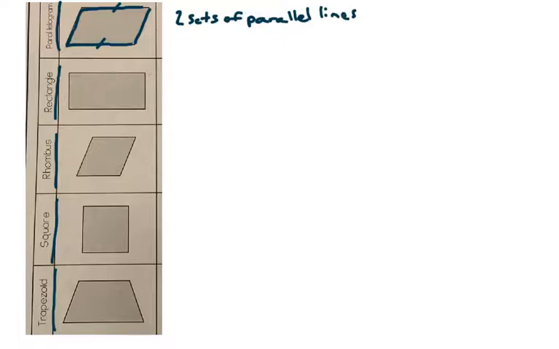We'll also notice that opposite sides are equal. And this will be in your notes as well. My handwriting's a little hard to read. And that's pretty much all it takes to make up a parallelogram. It has to have two sets of parallel lines, and it has to have opposite sides equal.